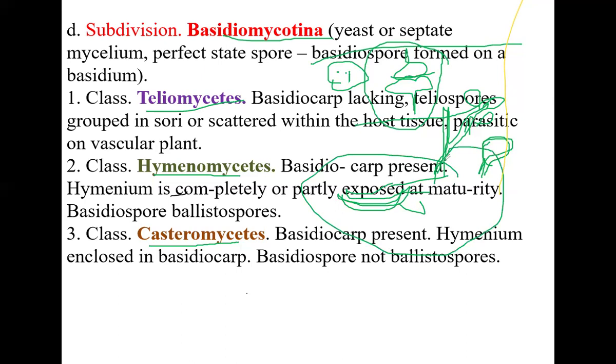Which among them is the fertile part in the basidiocarp? Excipulum, hymenium, or subhymenium? Hymenium is the fertile part. In the hymenium, the spores are generated. The hymenium layer is a fertile layer, and from that only the sexual spores come out.